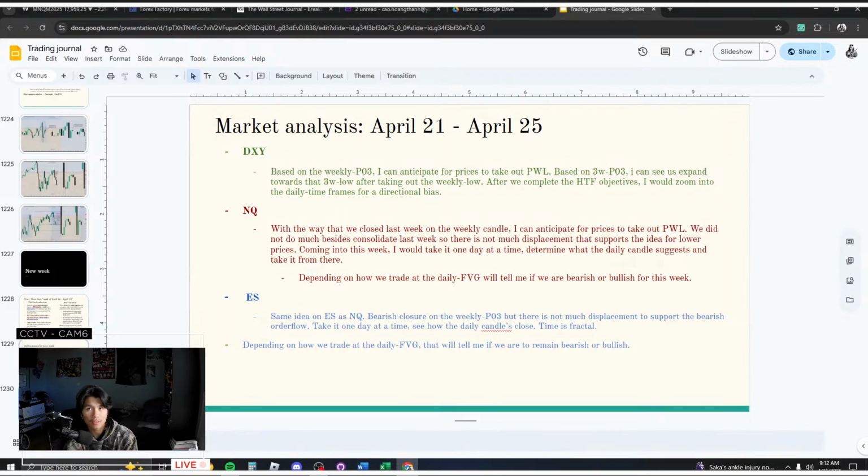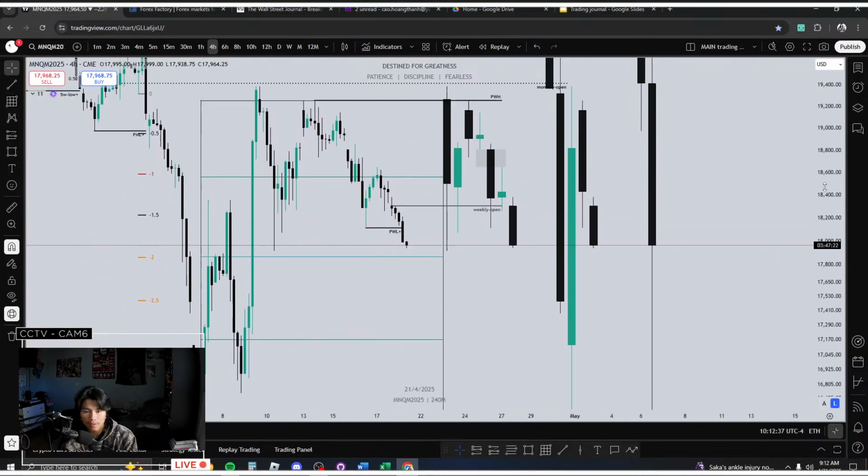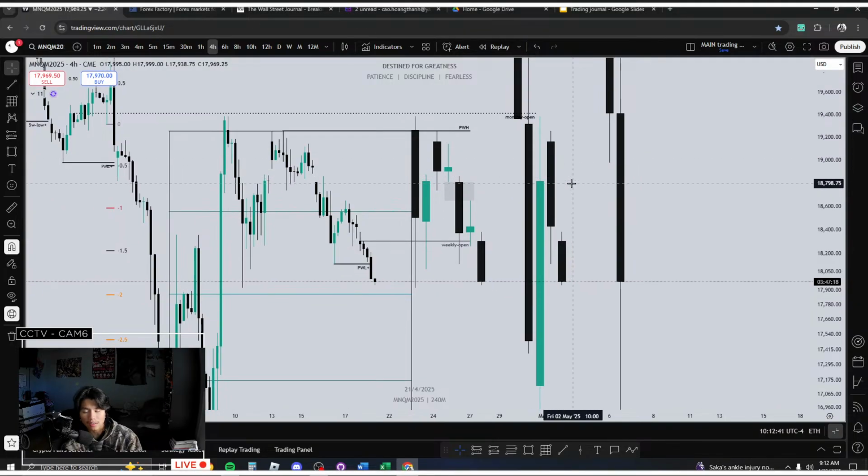For this week as well, the weekly market analysis, I wasn't really able to do it for you guys this week. But NQ, yes, I wanted to see us take out the weekly low, which we did end up doing. With the way that we closed on the weekly time frame, that's the most likely draw on liquidity.